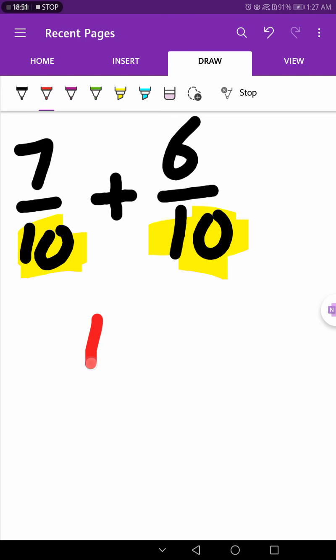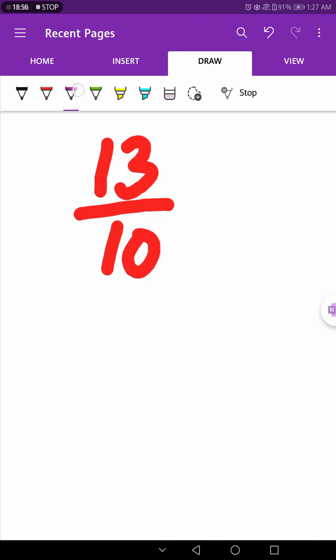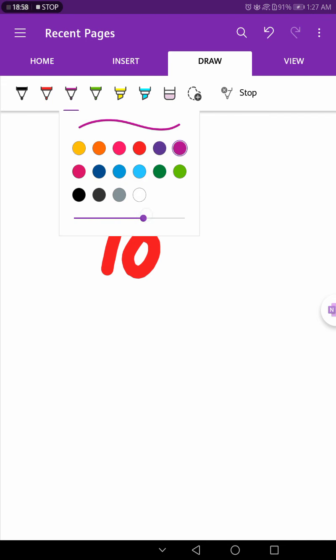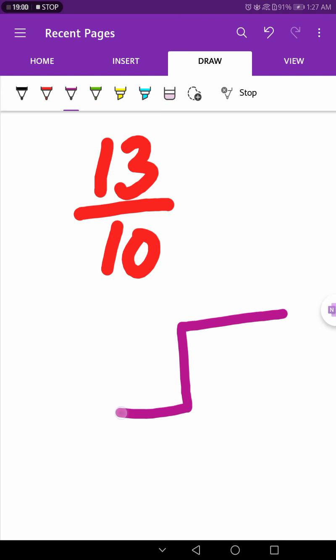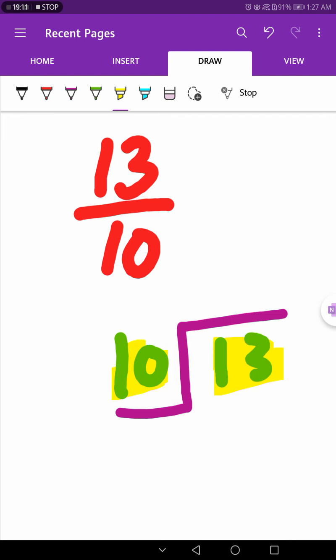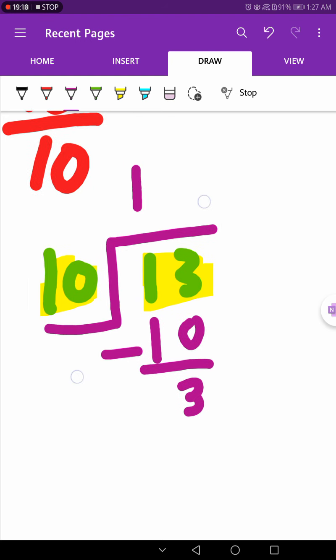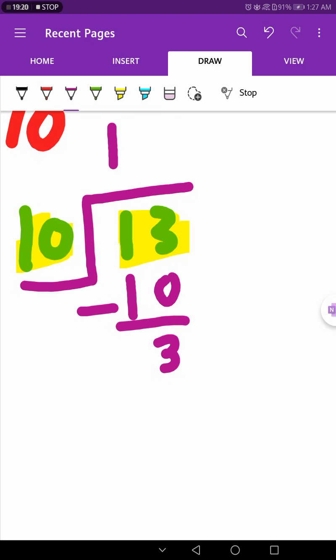Remember, 13 over 10, and this is improper. How do we do this? What's up is in and what's down is out. How many 10s in 13? There is 1. 1 by 10 equals 10. Subtract, there are 3. Now what we have to do is draw this line.